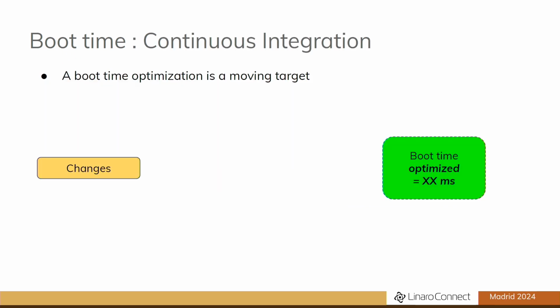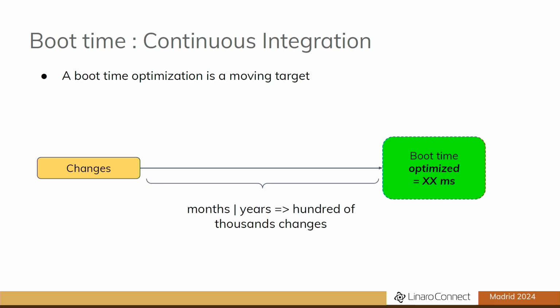You can make all the changes and finally succeed in reaching your boot time target. But between your changes and this goal, you can have months and years, and hundreds of thousands of changes coming from one version to another.